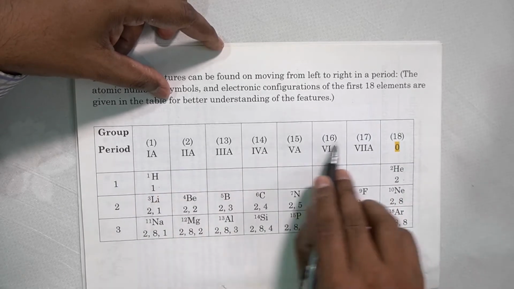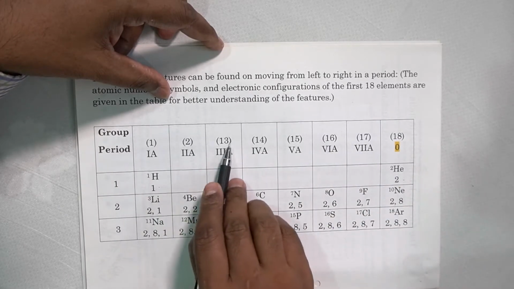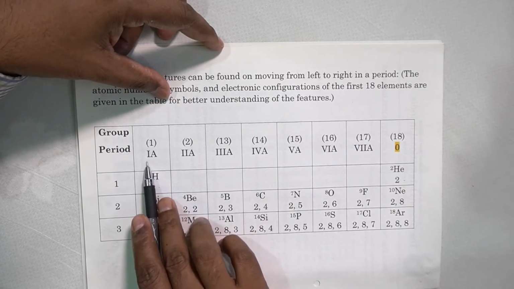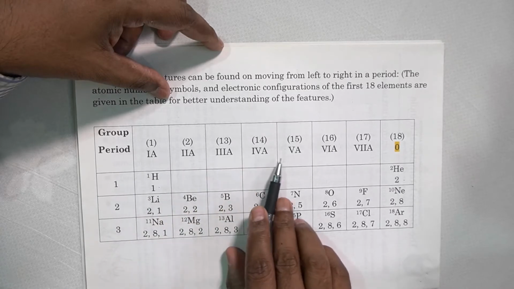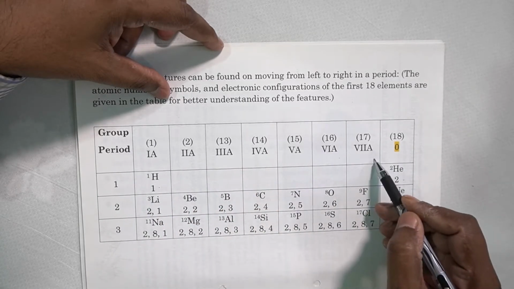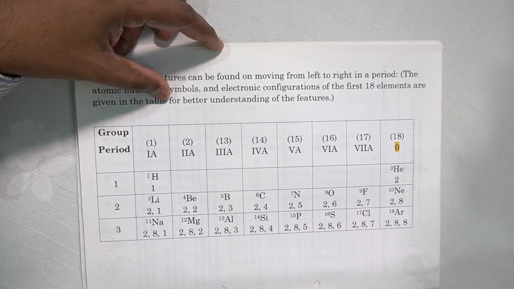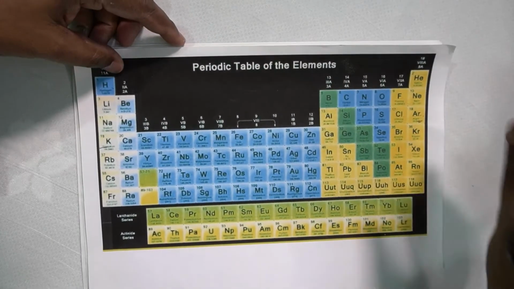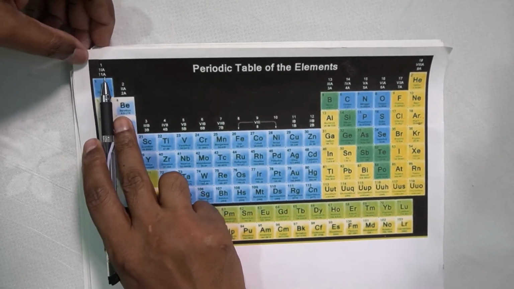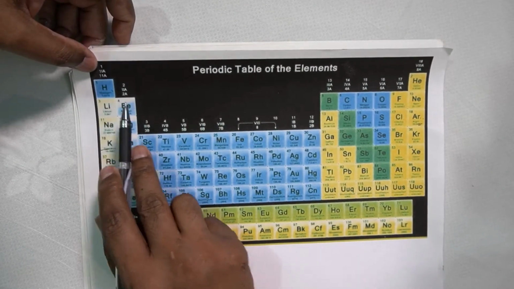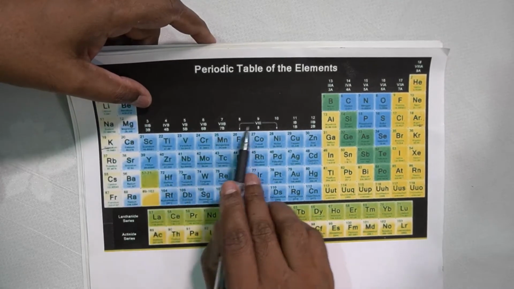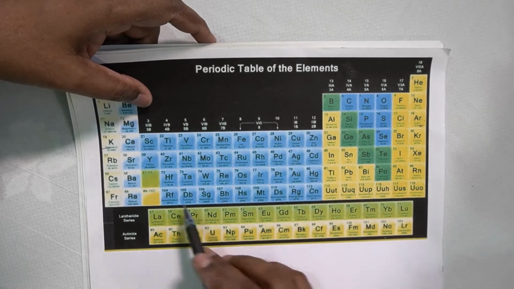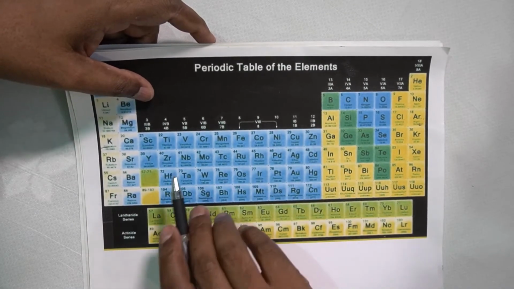Here the numbering is 1, 2, 13, 14, 15, 16, 17 and 18, and the Roman numerals of the old system are 1A, 2A, 3A, 4A, 5A, 6A, 7A and 0. This is the old system. Now if you see the complete modern periodic table, this is group 1, 2, that is 2A, and 3, 4, 5, 6. This particular part, the transition metals or the D block, is ignored for our study.